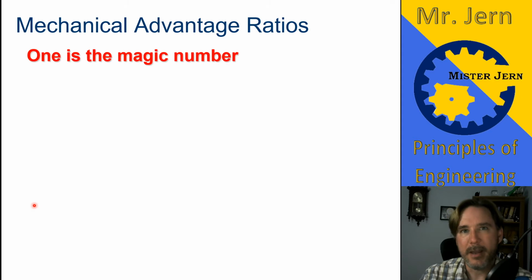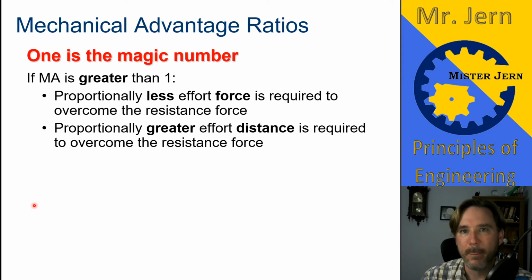Now, when we talk about mechanical advantage, 1 is the magic number, because it's a ratio. If your mechanical advantage is greater than 1, that means it takes proportionately less effort force to overcome the resistance, but it's going to take more distance to overcome that resistance force.